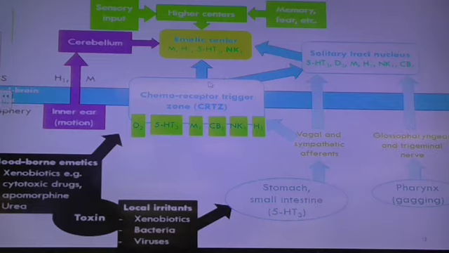But a drug that acts on the emetic center is more effective than one acting on the chemoreceptor trigger zone. However, the emetic center is protected by the blood-brain barrier, so a drug that affects the vomiting center needs to cross the blood-brain barrier to cause an action.